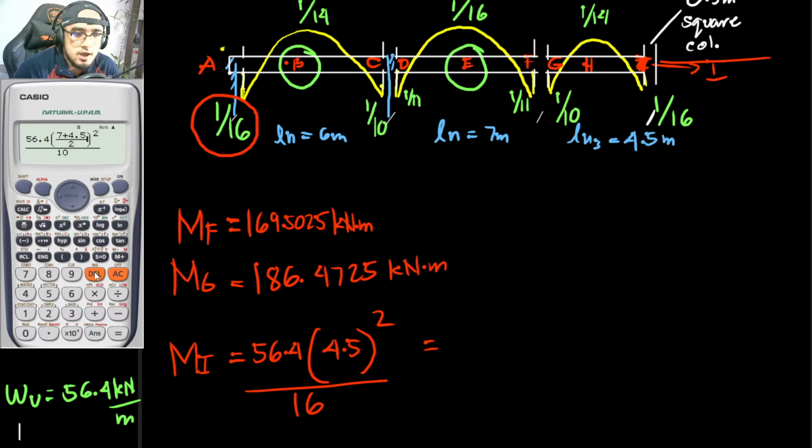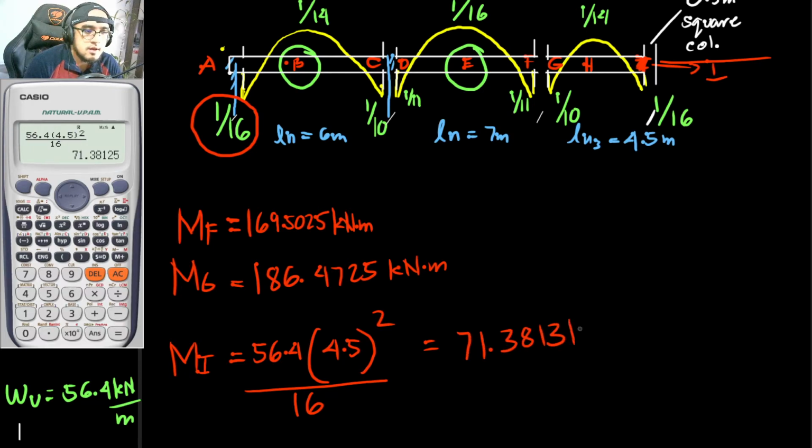Kakatamad mag-calcu. Okay, so malapit naman na. So 4.5 divided by 16. So 56.4 times 4.5 squared divided by 16. This is now to be equal to 71.3813 kilonewton meter. So this is to be our answers for the moment.